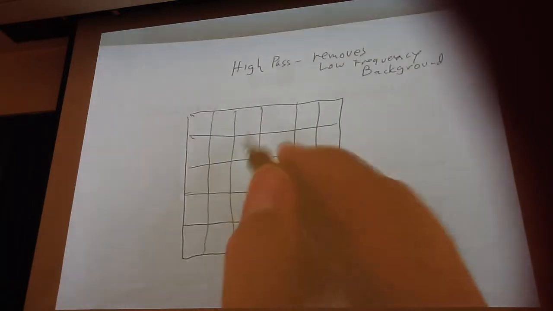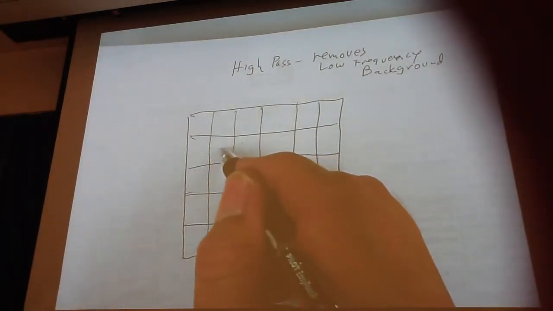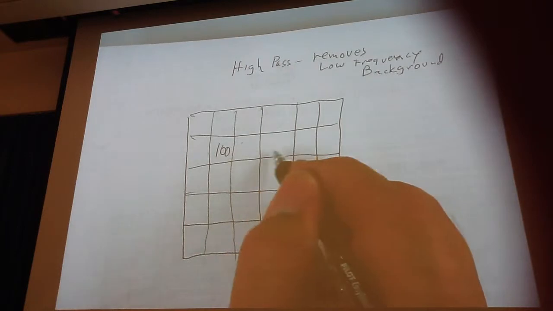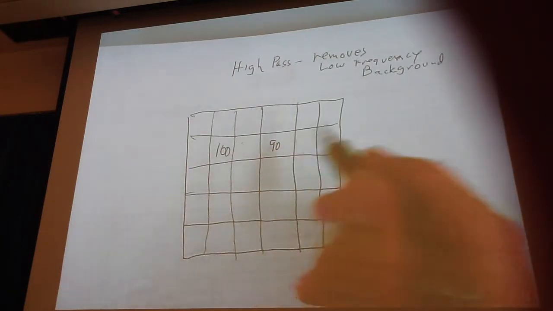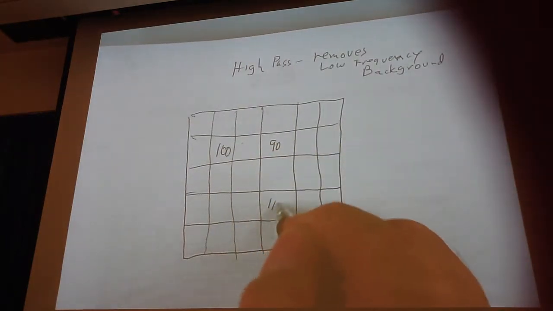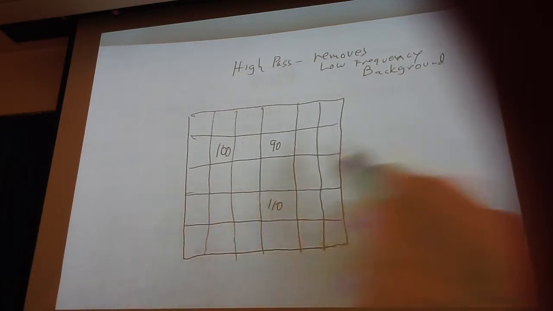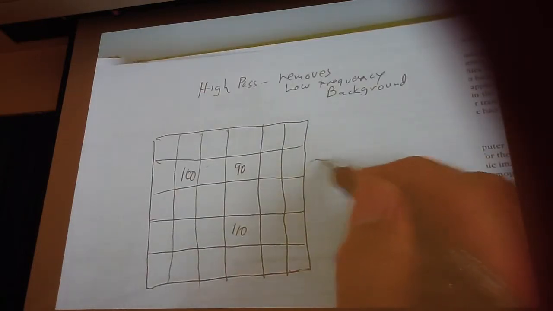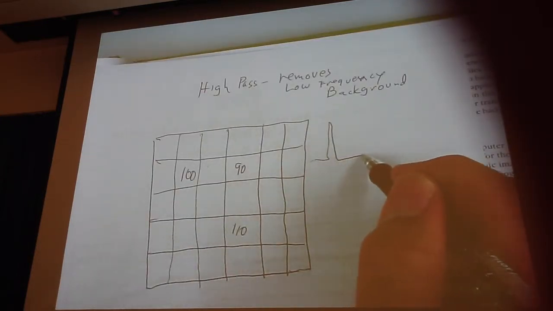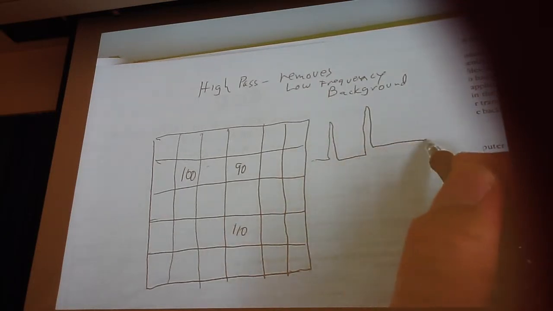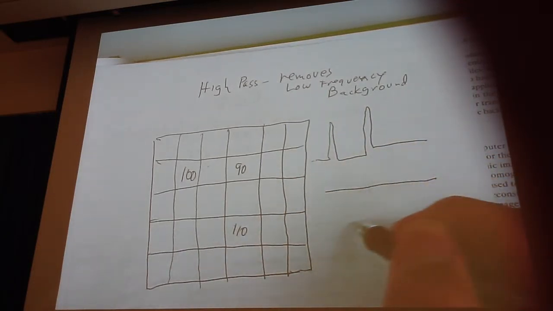But again, when you have all of these numbers here, let's say we have 100 here, and 90 here, and 110 here, then you get an image that looks like that when we draw a profile slice through it.